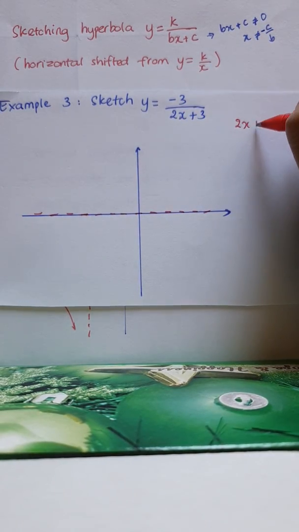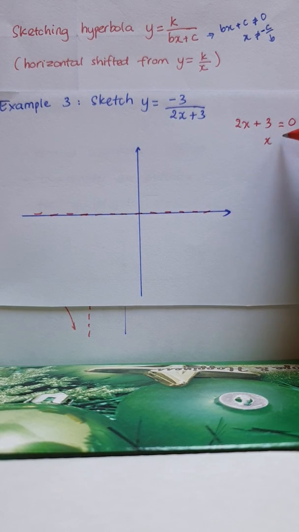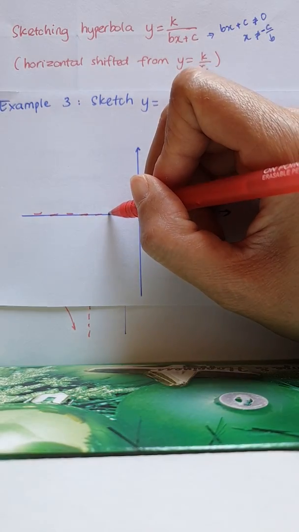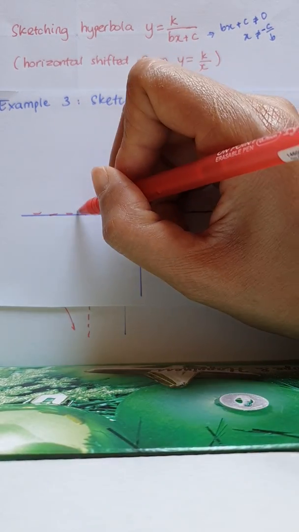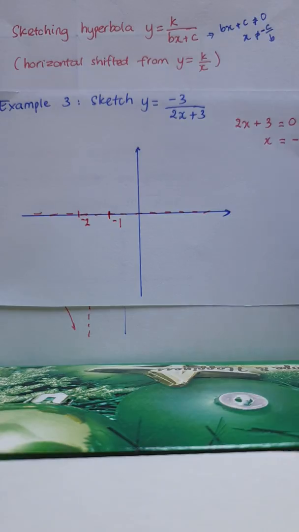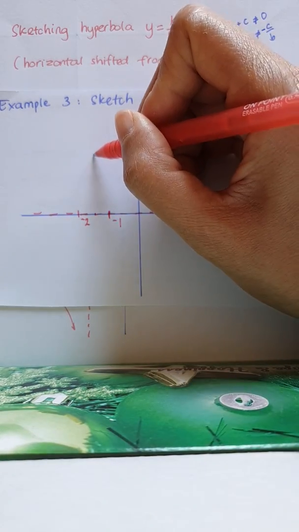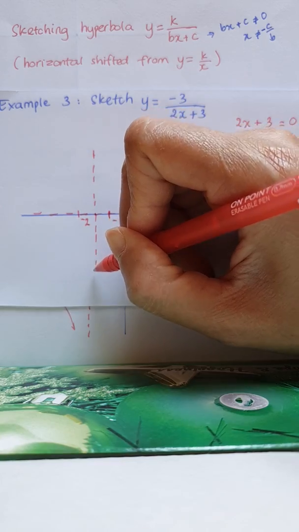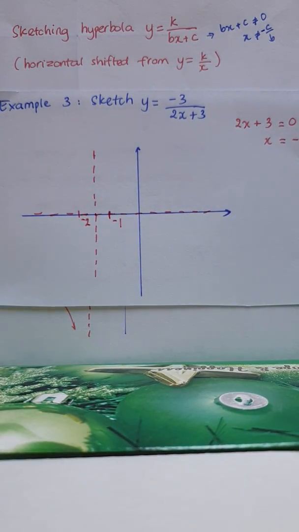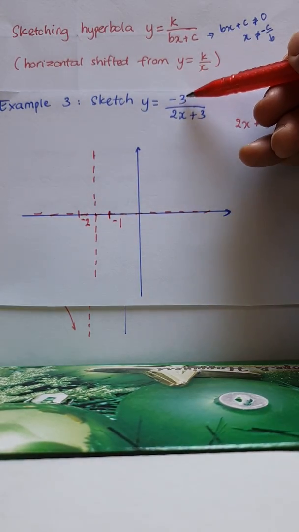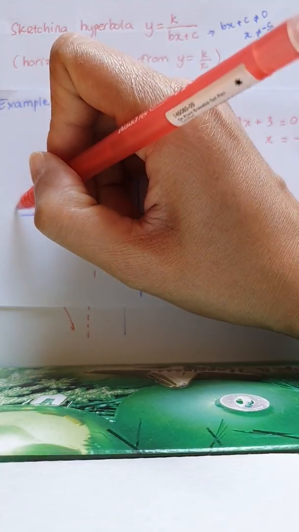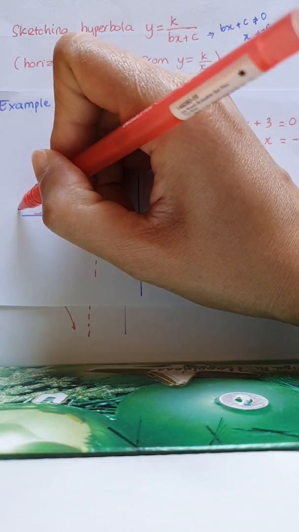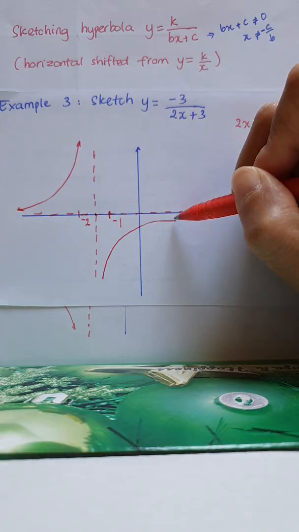So 2x plus 3 equals 0. x is negative 3 over 2, which is negative 1.5. Okay. So this is negative 1, negative 2. So our vertical asymptote will be here. k is negative. So we know that the graph should be on this quadrant and this quadrant.